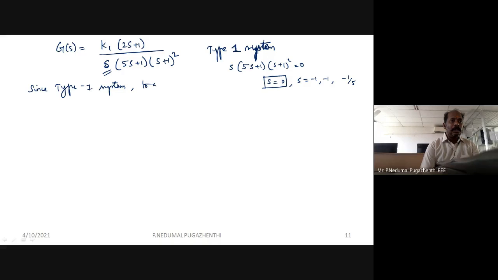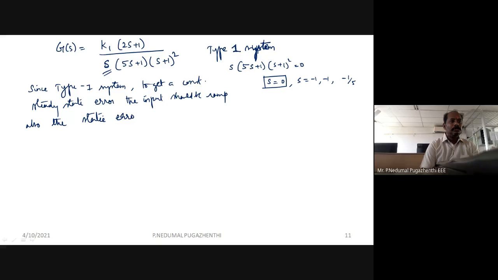to get a constant steady state error, the input should be a ramp. Also, the static error constant is kV, the velocity error constant.